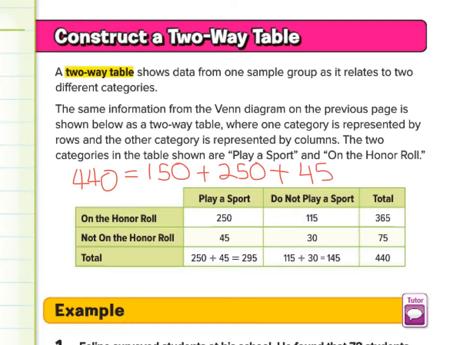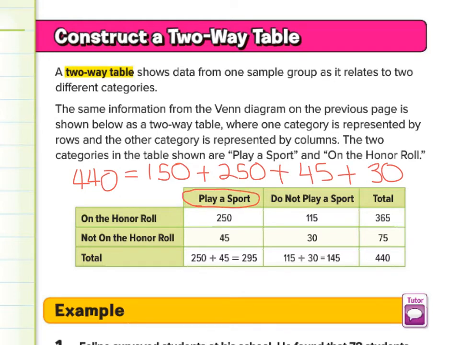That only gives us 410. 115 plus 250 plus 45 is 410. So there's another 30 that are neither. They do not play a sport and they're not on the honor roll. Okay, so that's the one that we're accounting for there. So here we have a total of the students that play a sport.